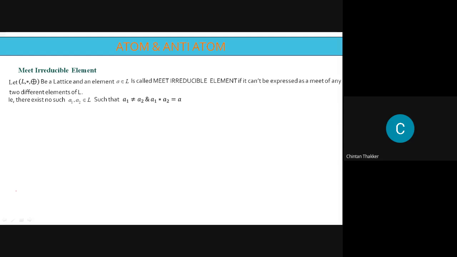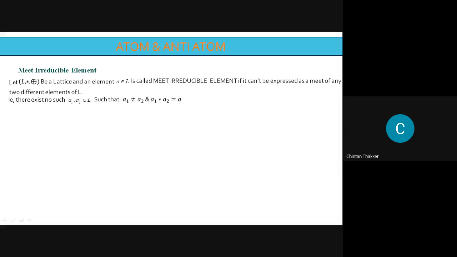So here in a Hasse diagram we can check if there is coming only one line from the upside, then that element is called meet irreducible element.